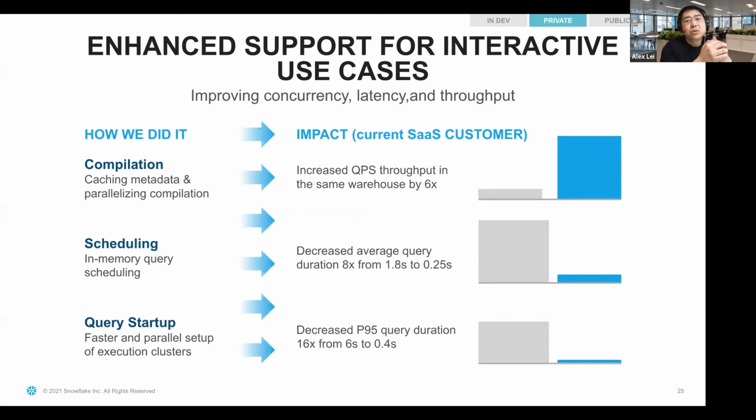These are really to do with being able to look after the low latency, high concurrency data models that a lot of our customers are looking at creating. So a data application type use case where they're building applications on top of Snowflake. To cater for that and improve performance, a lot of things are happening behind the scenes.